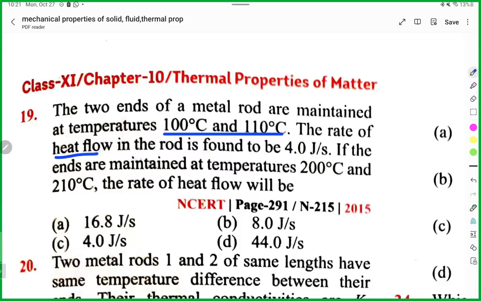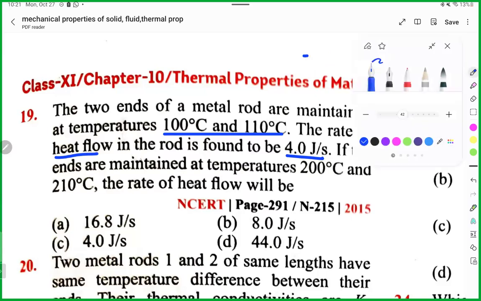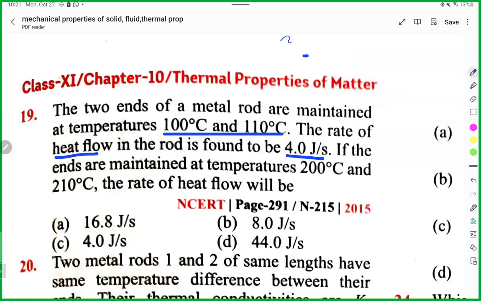The rate of heat flow, delta Q by delta T, is given as 4. If the ends were maintained at temperatures 200 and 210, what will be the rate of flow? In the first case, delta T value is 10 degrees Celsius.